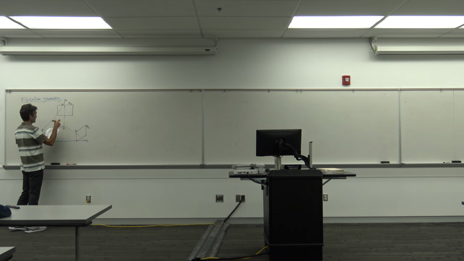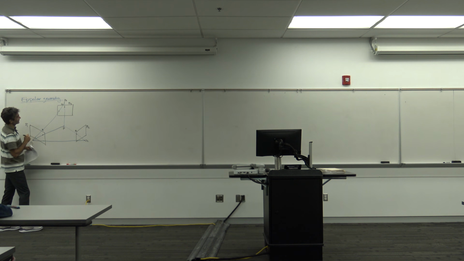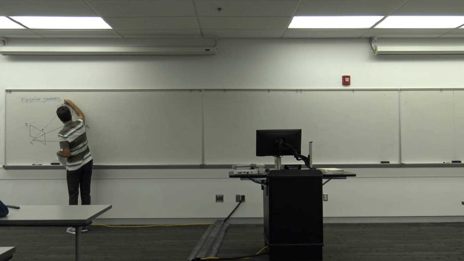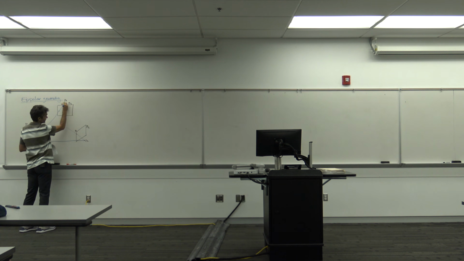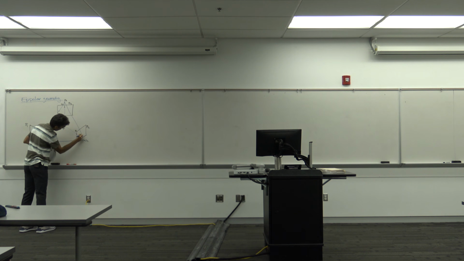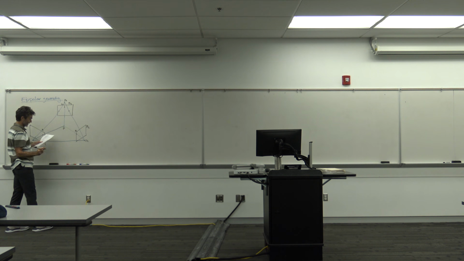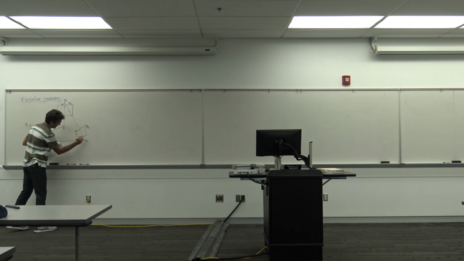And here, it's going to have this epipole right here. And now I'm going to have this other one. There you go. And it's going to cross here, another epipole, and another epipole right here.